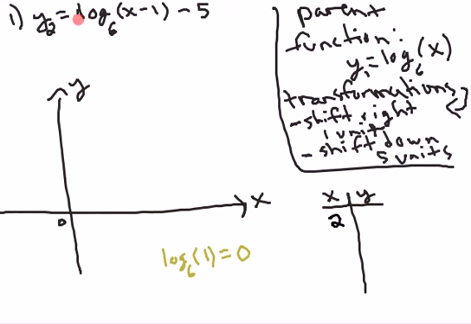So if I evaluate it at 2, I get 0, and then 0 minus 5 is negative 5.